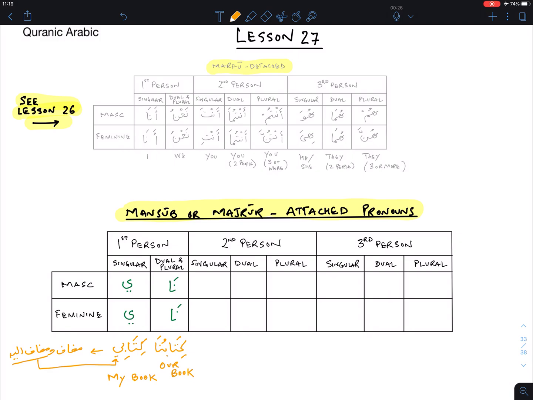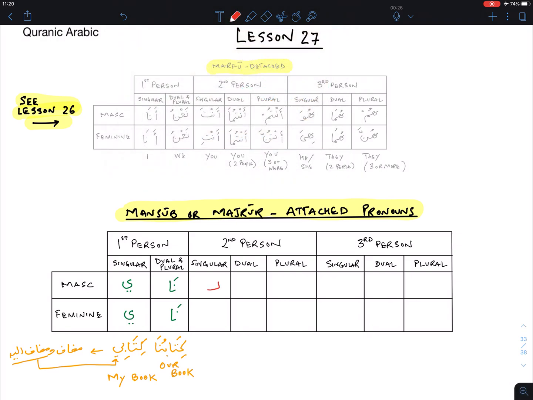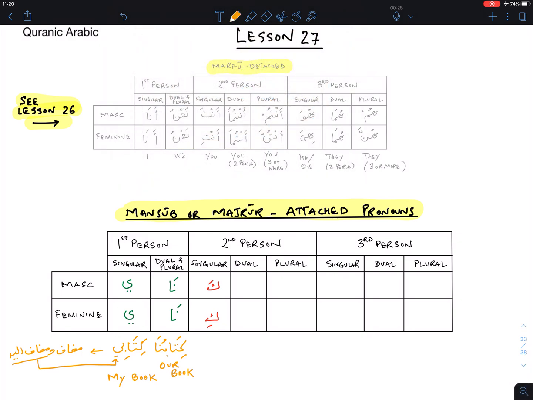Next we have the second person masculine singular, which is ka. I'm going to show those terms that are different between masculine and feminine in a different color here. So it's ka, and for feminine, it's going to be ki. Let's see how it comes with other words. We can use baytun.